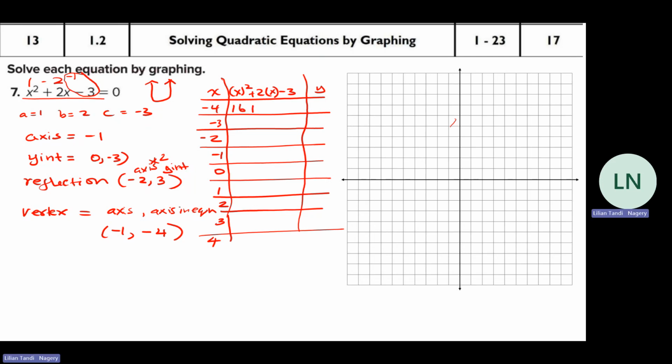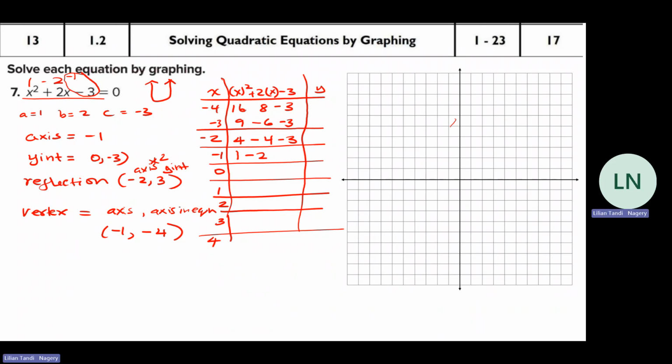So that is 16 plus 8 minus 3. That is 9 plus 6 minus 3. That is 4 plus 4 minus 3. That is 1 minus 2. This should be minus 4. This should be minus 6.